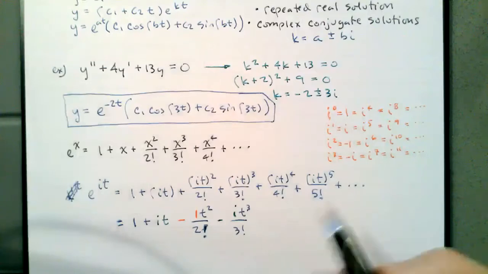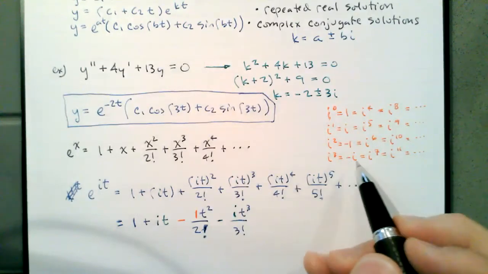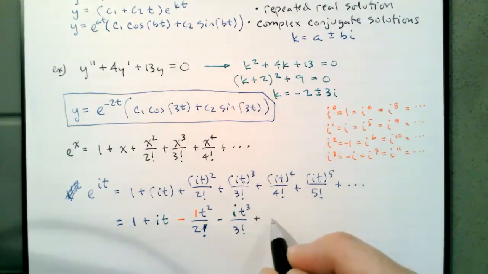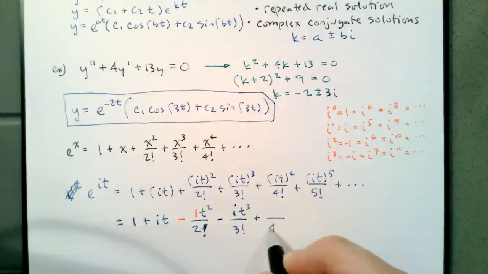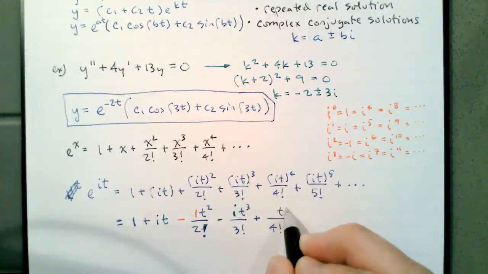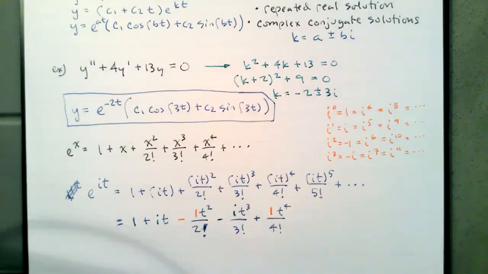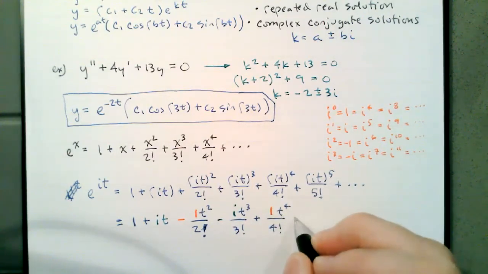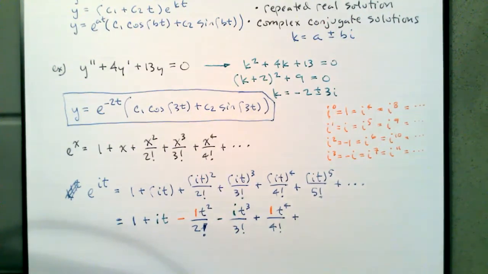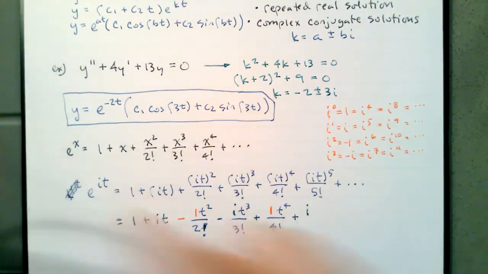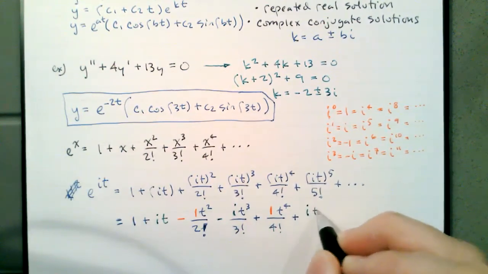In the next term, I have an i to the fourth, and i to the fourth is equal to 1. In the next term, I've got an i to the fifth. i to the fifth is just equal to i. And I have t to the fifth over 5 factorial.